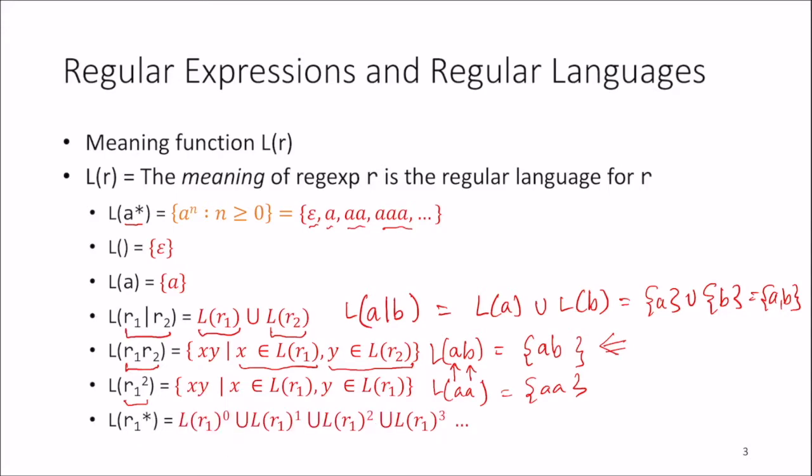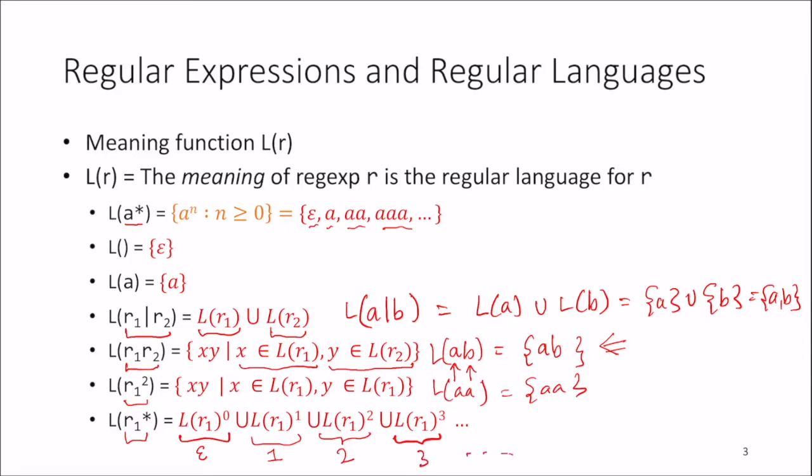And finally, you can take R1 star, which is 0 or more repetitions of R1, and it's done in the same way that we defined a regular language. You take the L of R1 0, which gives you the empty string, union all the one-length repetitions of R1. It could be actually longer strings: if R1 defines a string of length 3, then it would be one repetition of that string, then 2 repetitions, then 3 repetitions, and so on.